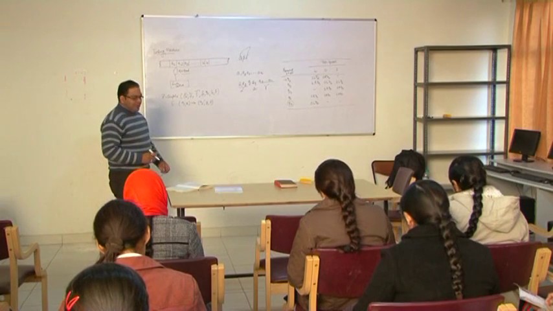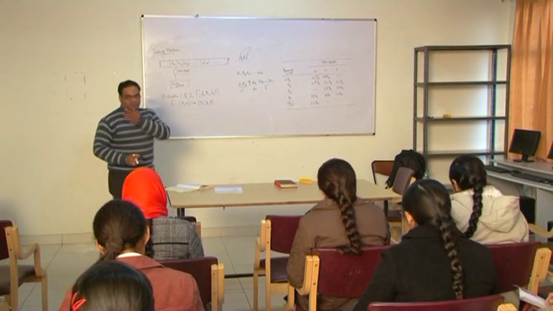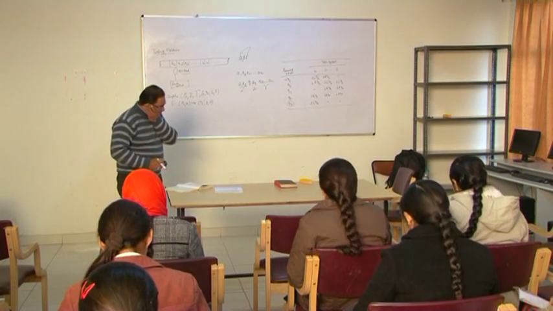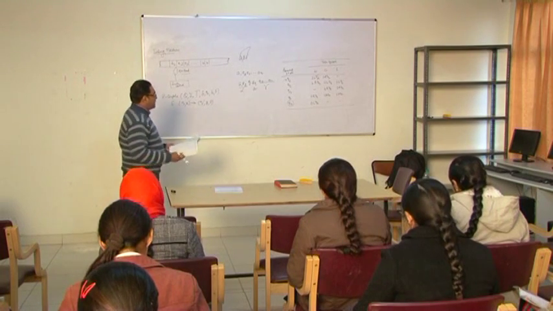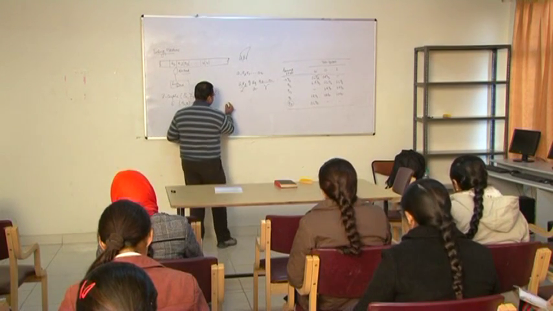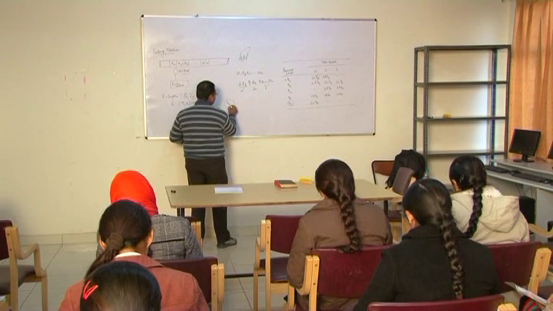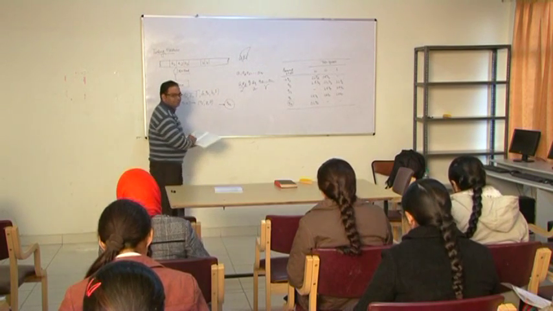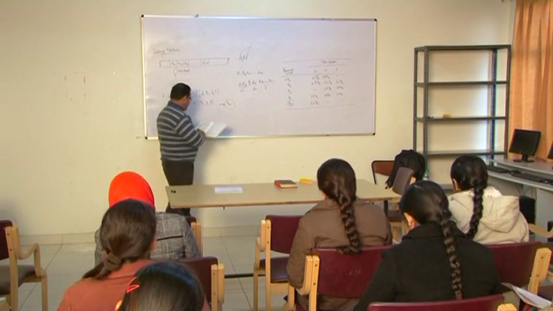Then next is the transition diagram, right? So in the transition diagram, how will you mention it? You start with Q1, this is the initial state.